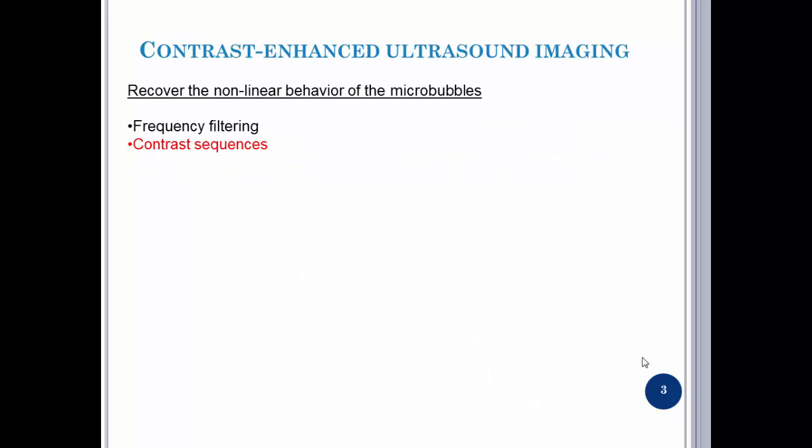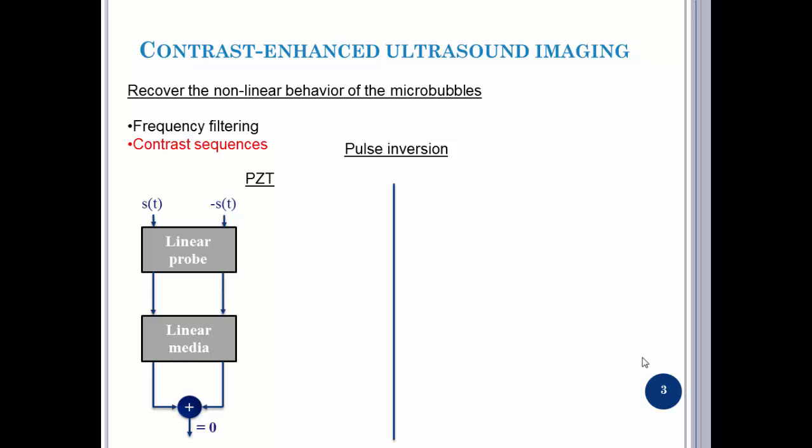For example, if you want to recover the nonlinear behavior of the microbubble, there are two main ways. Today, mainly contrast sequences are used, for example pulse inversion, which you all know how it works. For a piezoelectric probe, you have a linear, or almost linear, probe and a linear medium.